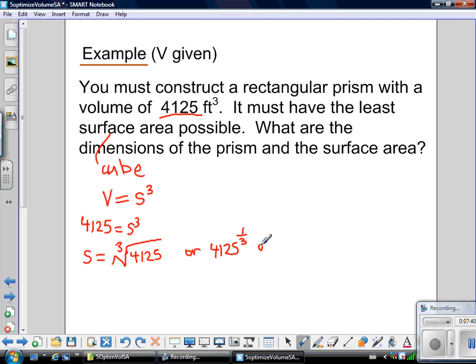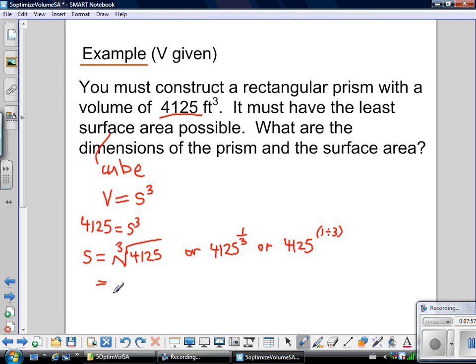Or if all else fails, you can enter 4,125 to the power of, and then 1 divided by 3, and that will give it to you as well.